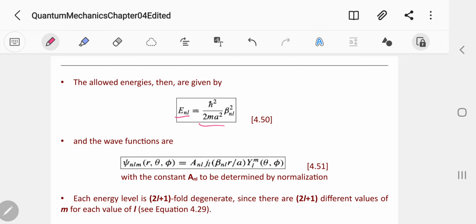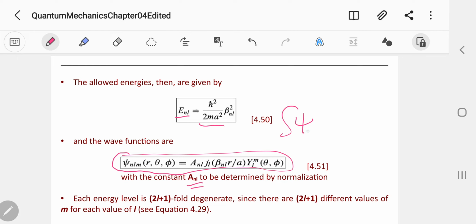So you will now have phi NLM to be of this expression. With NL here, you can determine that by normalization.